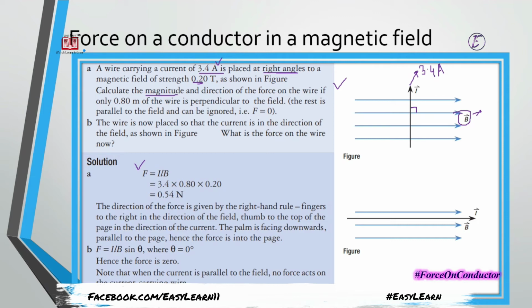And the direction of the force on the wire, if only 0.8 meter of the wire is perpendicular to the field. This is an interesting thing: the length of the wire is 0.8 meter. We are not considering the extra length.